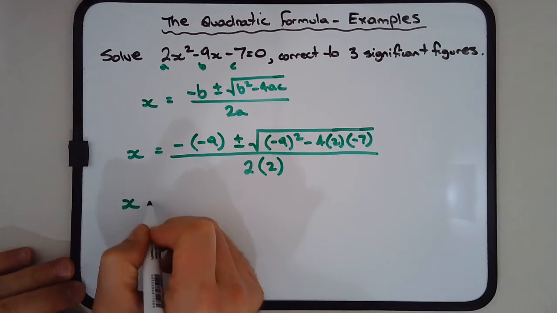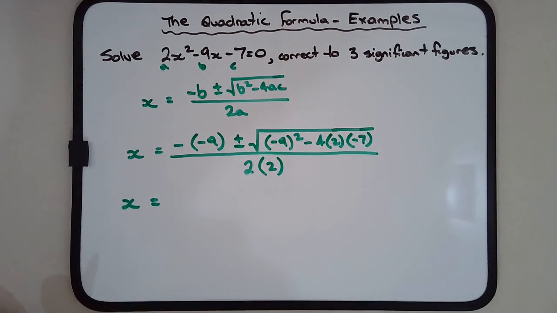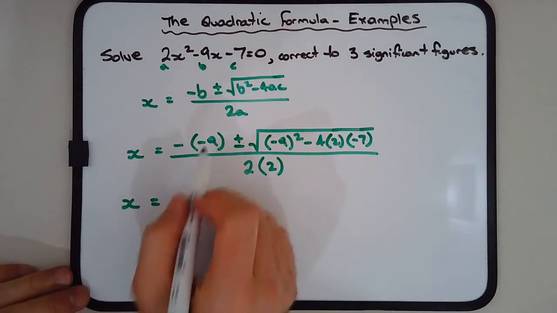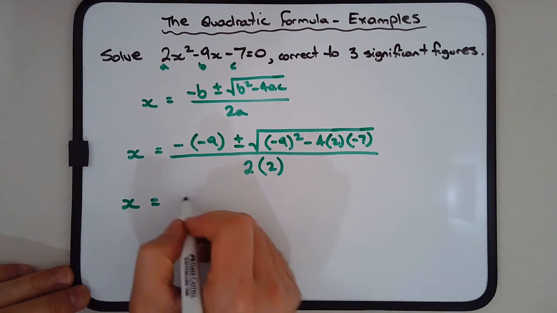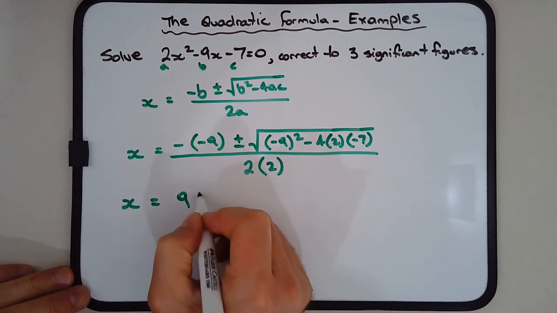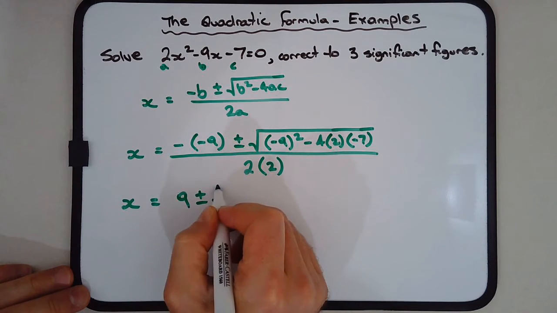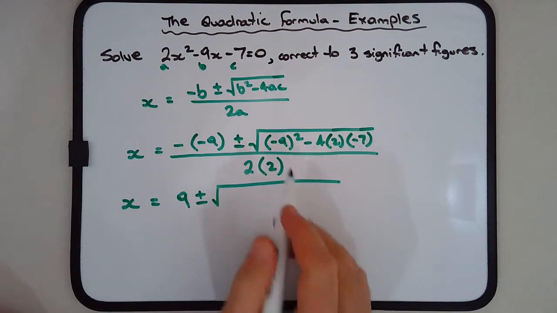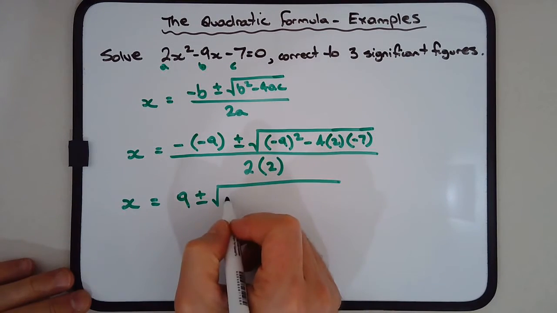Now let's simplify this, clean this expression up. Minus negative 9 is going to be positive 9, plus or minus the square root of. Now negative 9 all squared is 81.